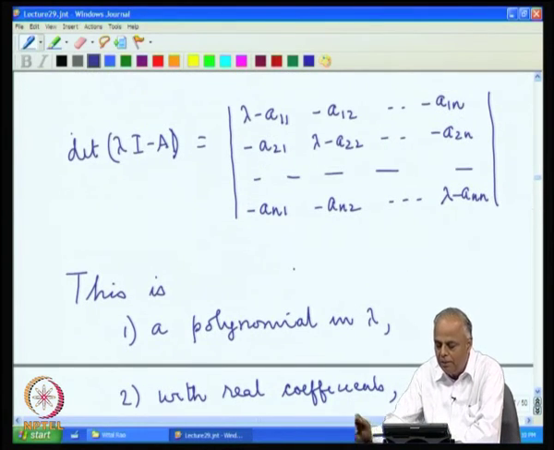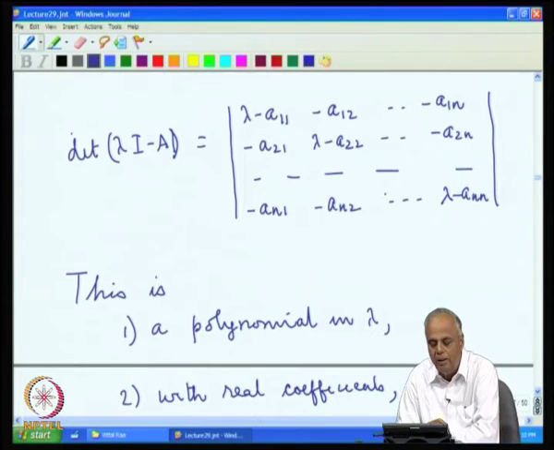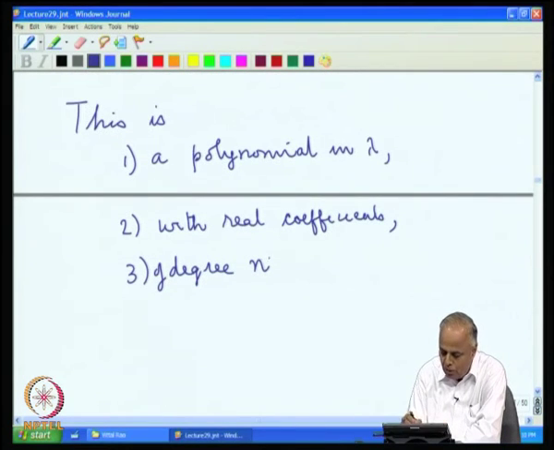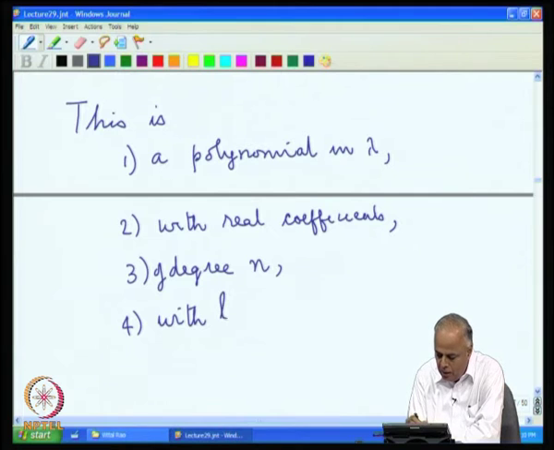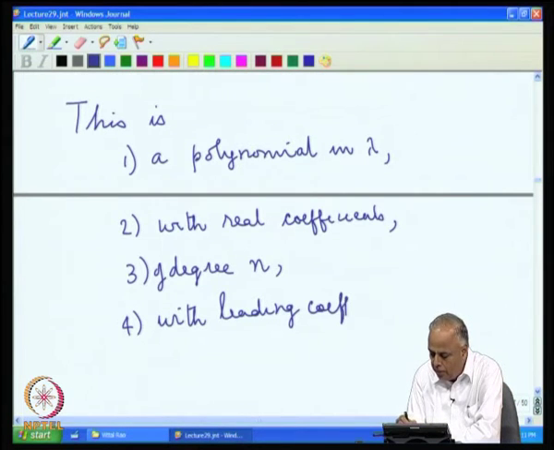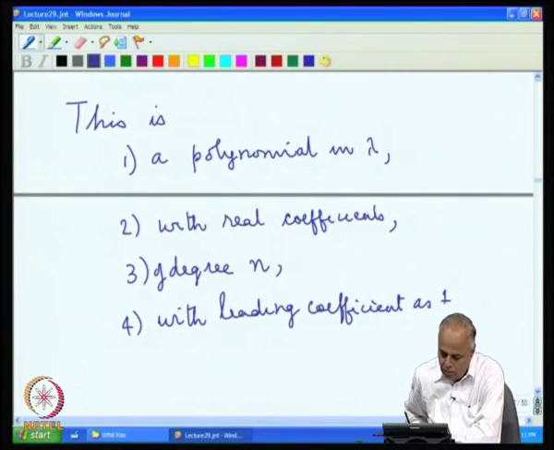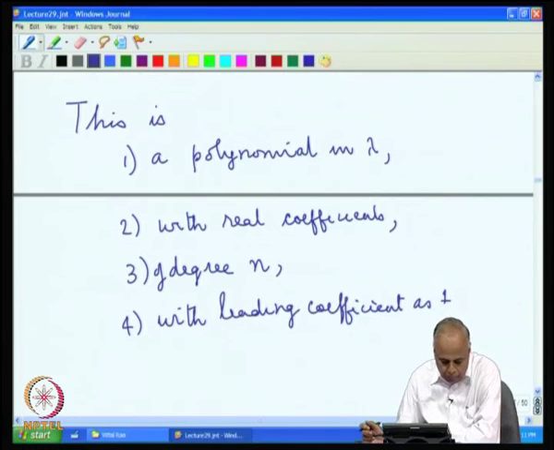The highest degree term lambda to the power of n has coefficient 1, because it involves the product of lambda, lambda and lambda along the diagonal. When I say leading coefficient, I mean the coefficient of the highest degree term, and it is 1.